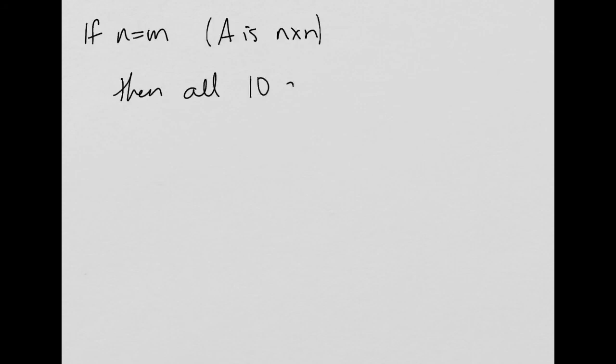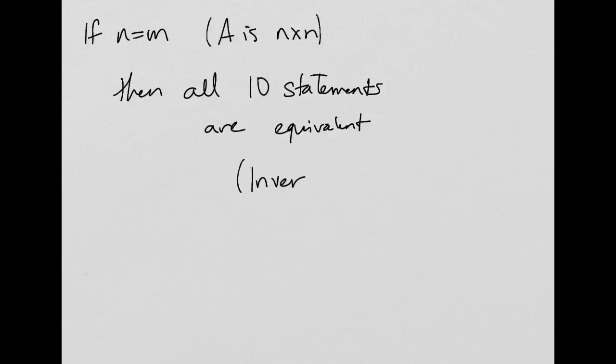So that's the last thing I'll say here. If n equals m, so if A is an n by n matrix now, then all 10 statements are equivalent. Meaning you have 10 if and only if statements you can throw in there. And this is pretty much just the content of the invertible matrix theorem.